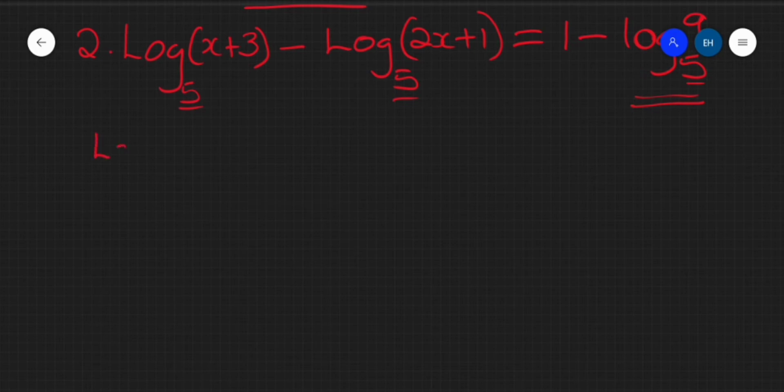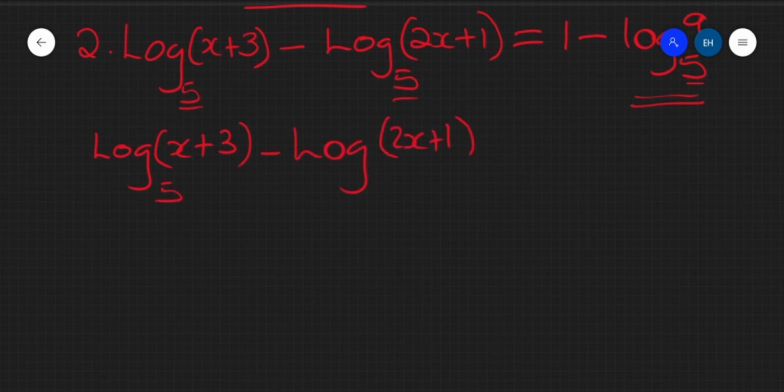So it will be log (x plus 3) base 5 minus log (2x plus 1) base 5 plus log 9 base 5 is equal to 1.